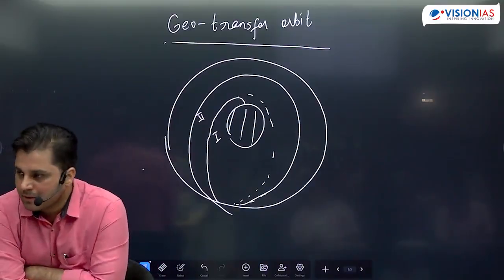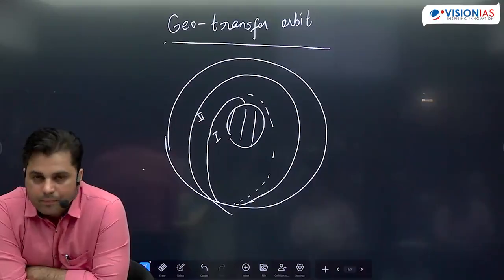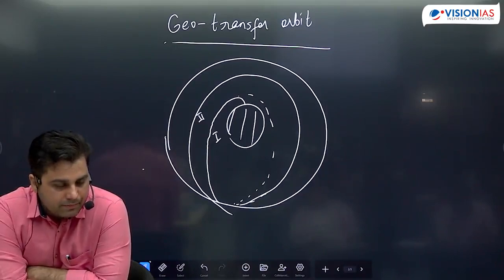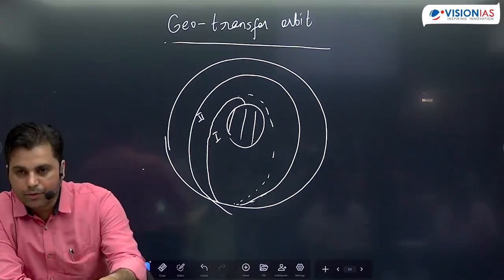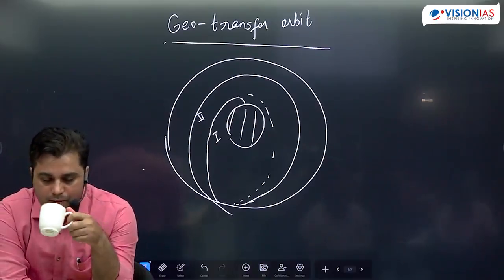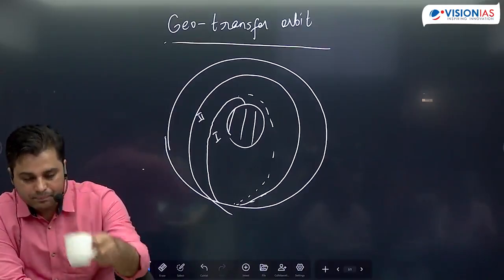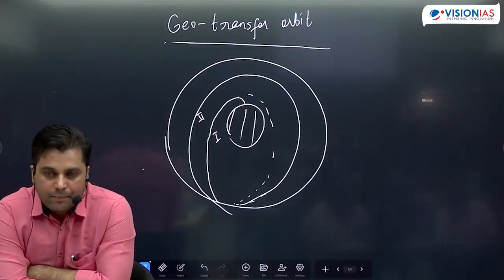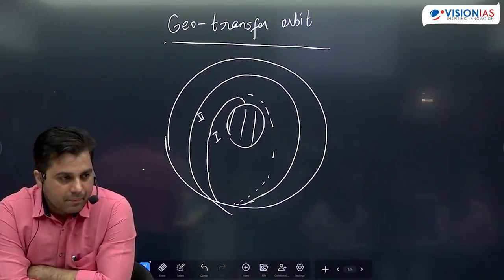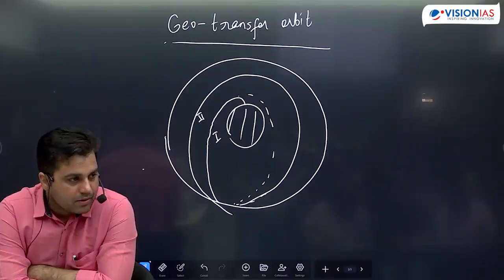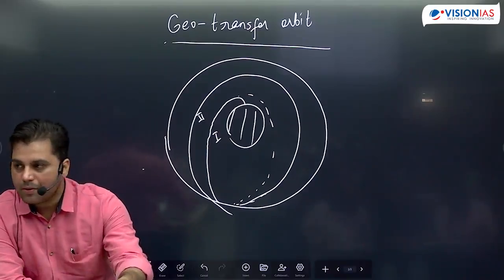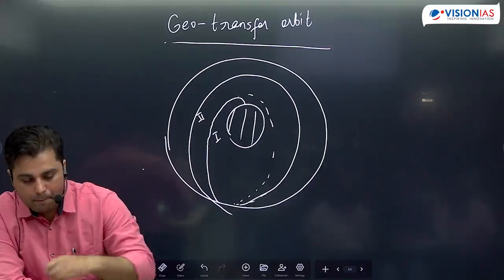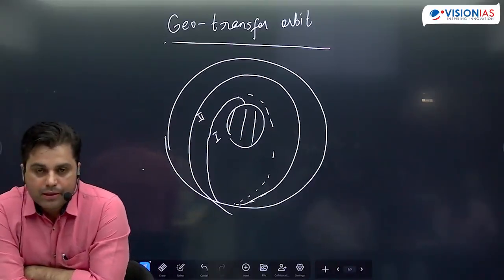All the temporary orbits before achieving desirable geosynchronous orbit are called geotransfer orbits.